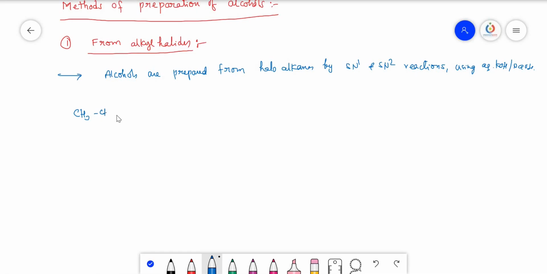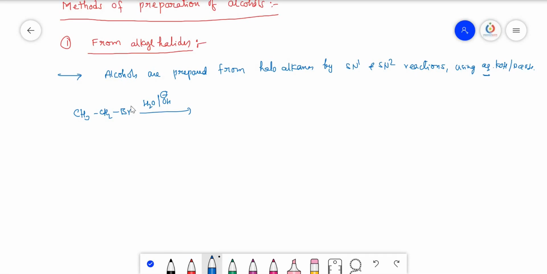So CH3CH2Br. Here we may use H2O, OH minus. What does it mean by H2O, OH minus? H2O means aqueous. OH minus means it is from KOH or NaOH. So that you do not get confused is why we have used H2O.